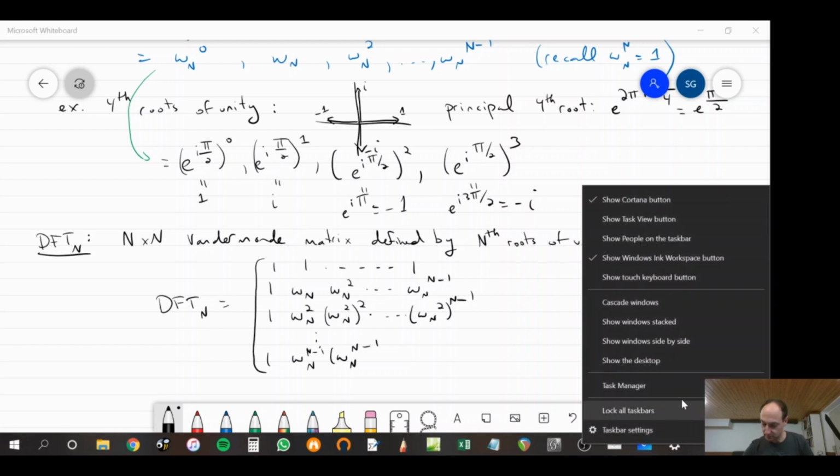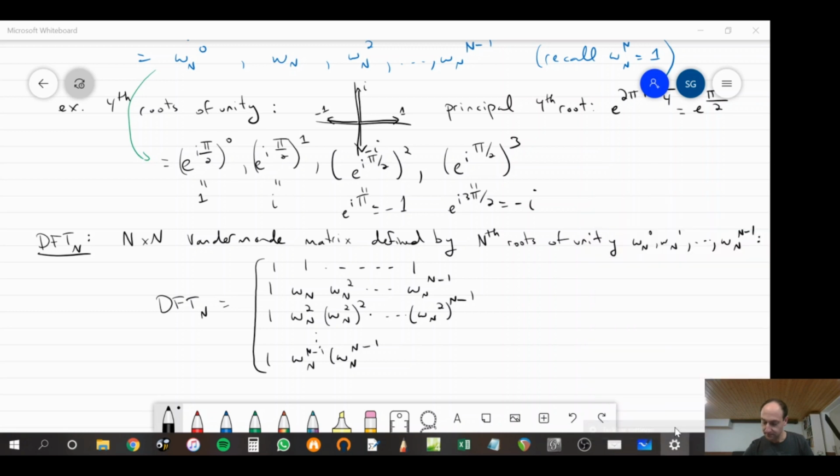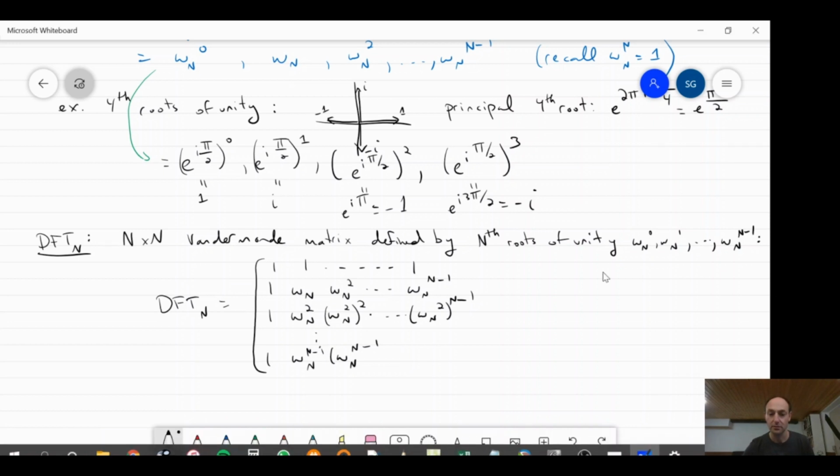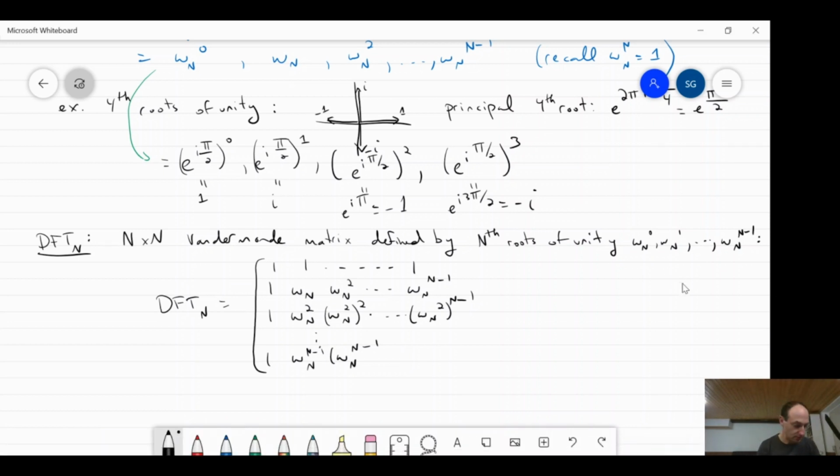Sorry, let me get this out of the way, save some screen space. And then dot, dot, dot, and we get to omega_n to the n minus 1, all to the n minus 1. Sorry, I want to make sure it's clear that there's some space here in this matrix. So these are different columns.